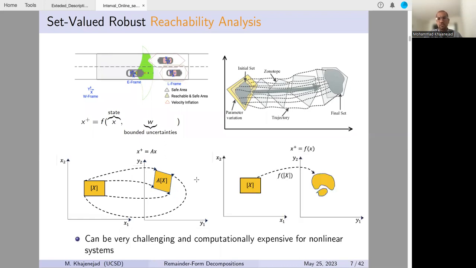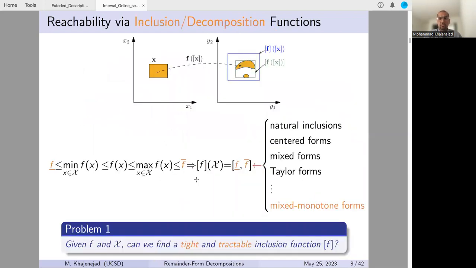However, as you know, for nonlinear systems, this computation could be very hard. We might end up getting a very weird, non-convex, even disconnected reachable set, most of the time very hard to compute exactly. So to tackle this problem, there have been several approaches.